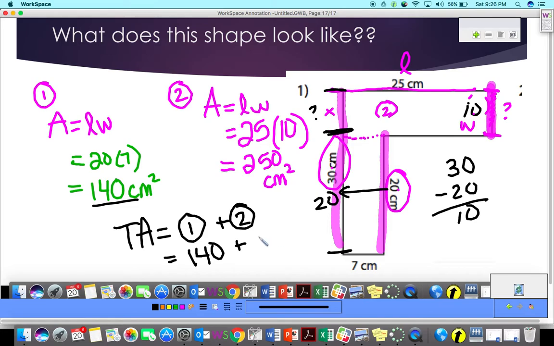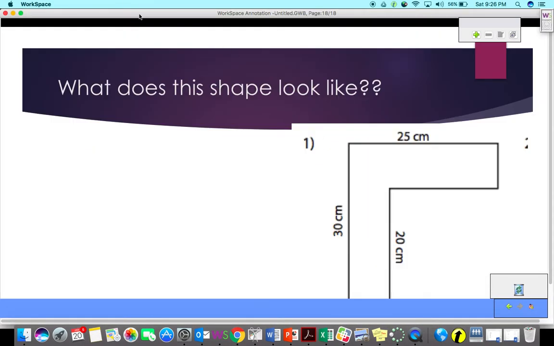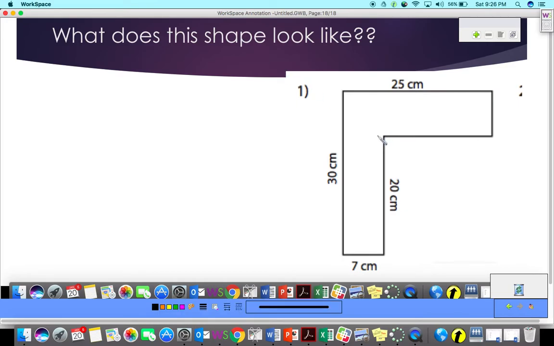I'm going to add it to my area from shape 2, which was 250. 140 plus 250 is 390 centimeters squared. All of this comes from looking at an initial shape and breaking it down into at least two other shapes, shape 1 and shape 2.